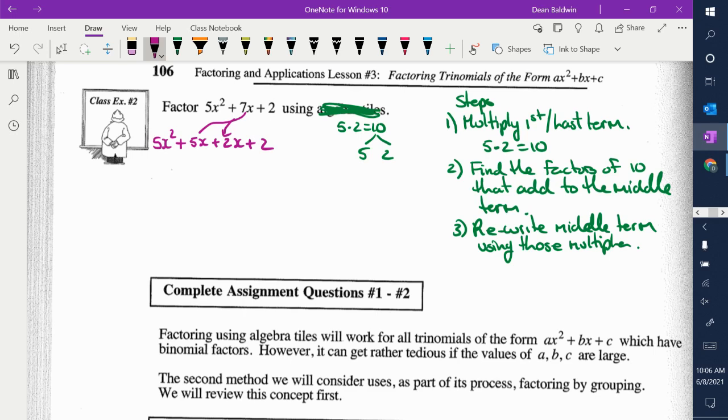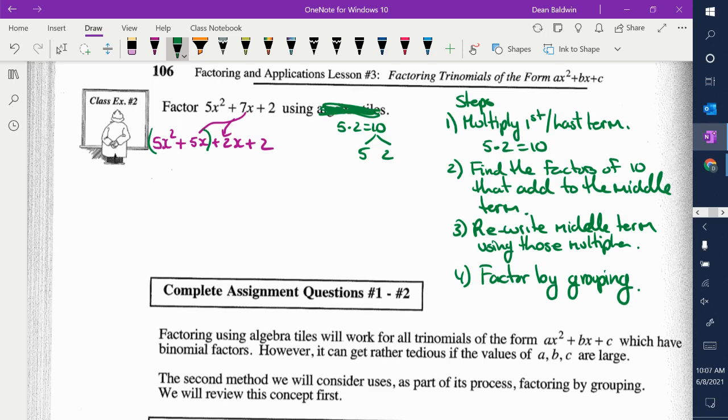Now we have 4 terms, so you factor by grouping. Okay? Last step is factor by grouping. So grouping says, bracket the first 2. What's your common factor?